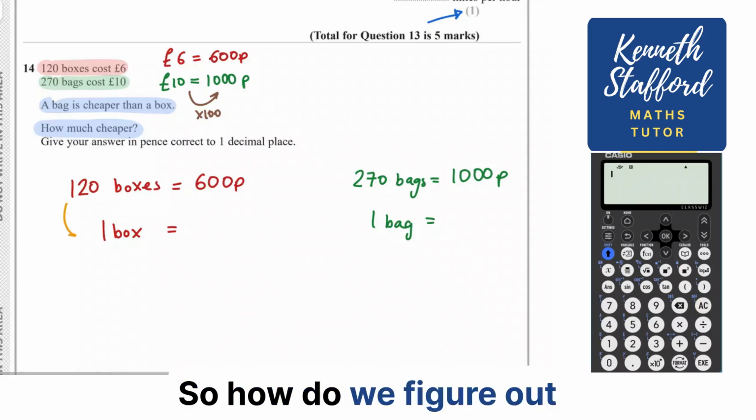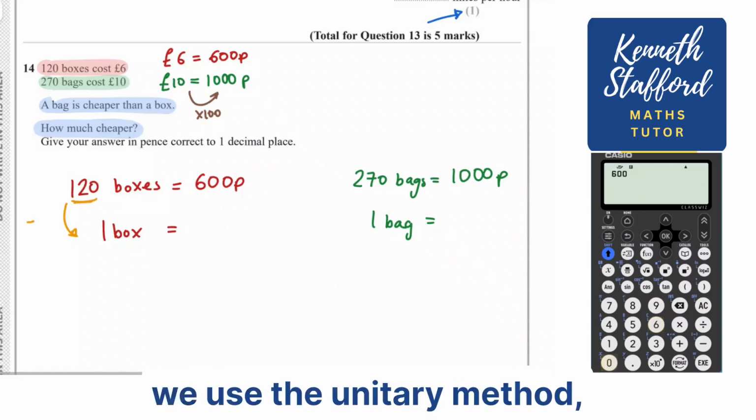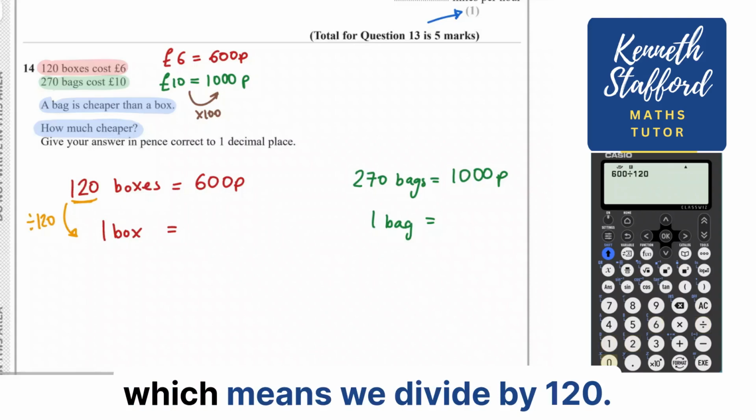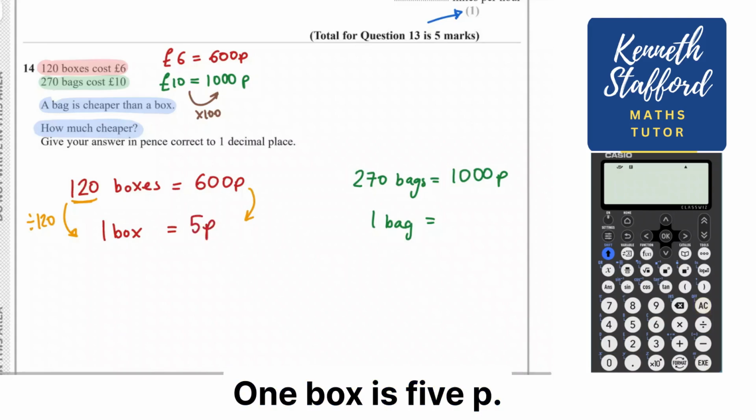So how do we figure out what 1 box is? Well, because there's 120 boxes, we use the unitary method, which means we divide by 120. So we're going to divide 600 pence by 120, and that is 5p. 1 box is 5p. I'm going to do the same for the bags.